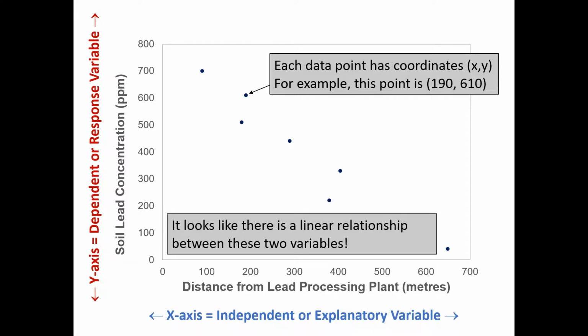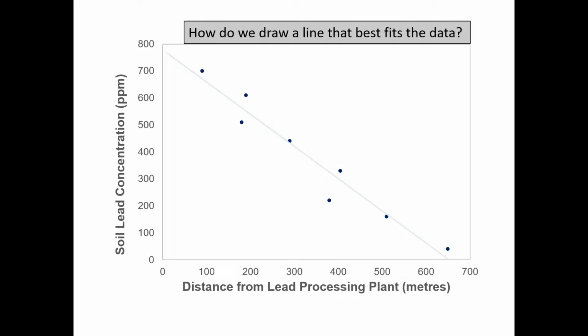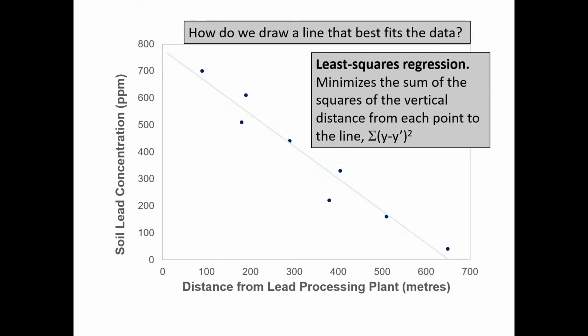Based on the trend, it looks like there's a linear relationship between the 2 variables. Now we draw a line here, but how do we know if this is the line which best fits the data? When the fitted line minimizes the sum of the squares of the vertical distance from each point to the line, also known as the residual as we talked about in previous slides, we say it is the best fitted line.